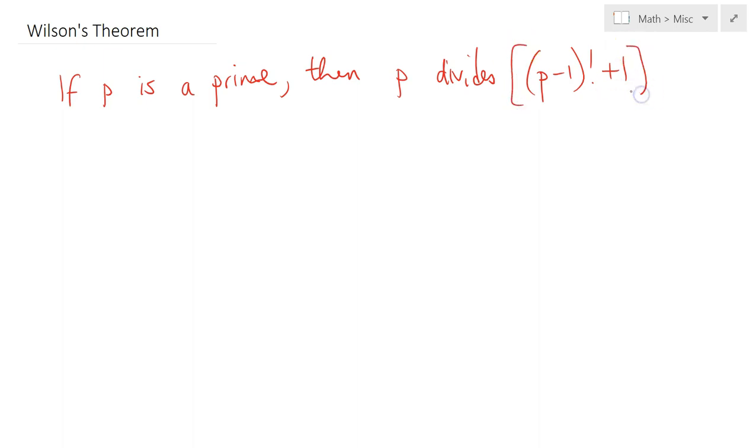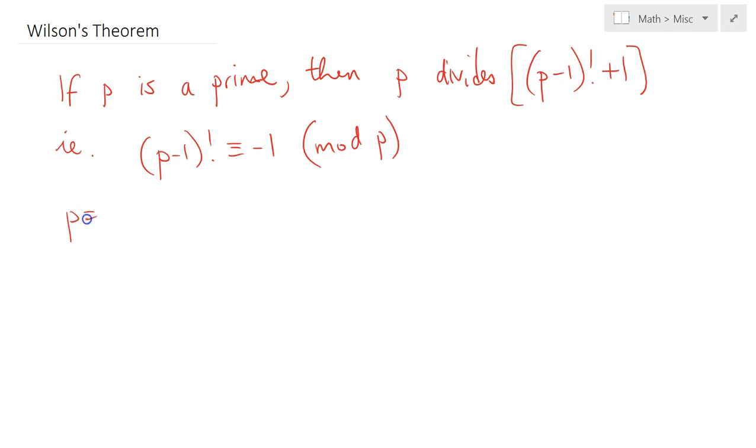We can also express this in the language of modular arithmetic. So you can simply express this as (P minus 1) factorial is congruent to minus 1 mod P. Now it's very easy to prove it.